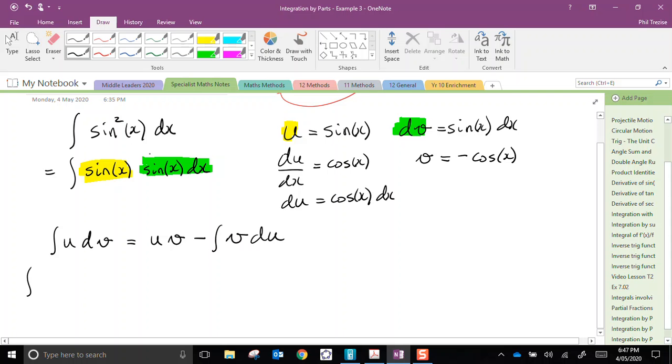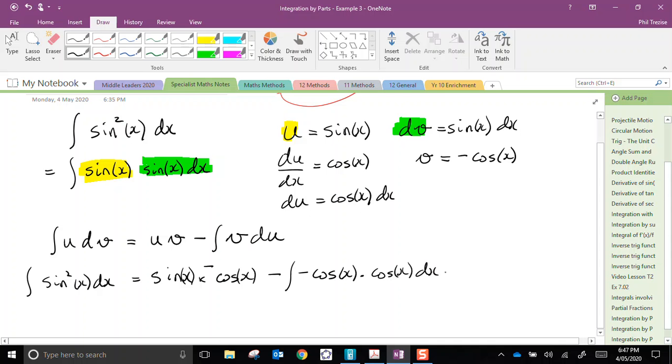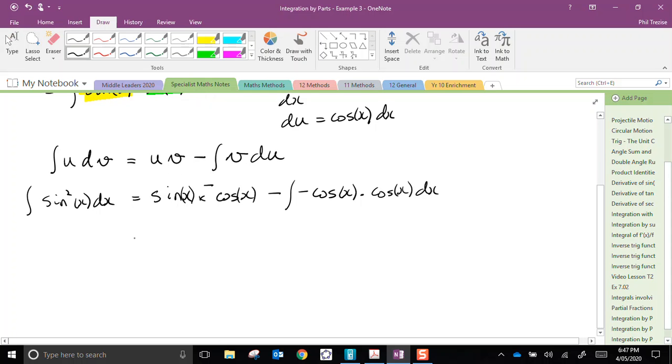So I'll just be sure that I write here, this u times dv was sine squared x dx. u is the sine of x, v is negative cosine of x, subtract the integral of v, the negative cosine of x, multiplied by du. Well, du is cosine of x dx. Let's just keep working and see where this leads us.